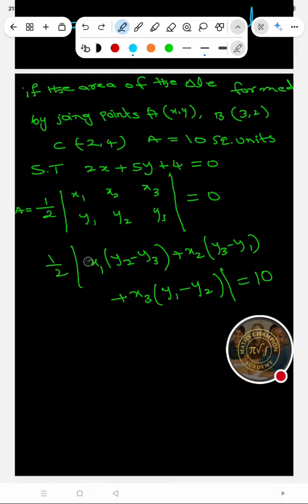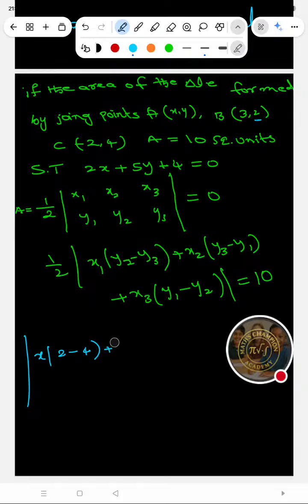Here substitute x1, x only is given, so take x1 as x. Next to it y2, the value is 2, so 2 minus y3, that is 4.